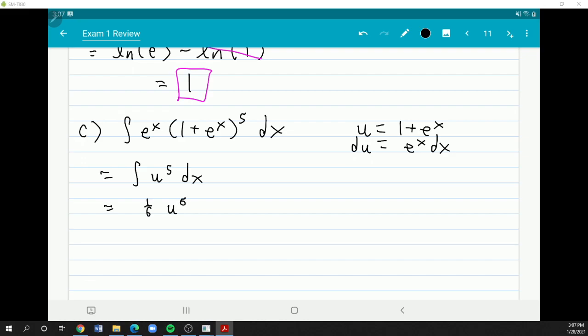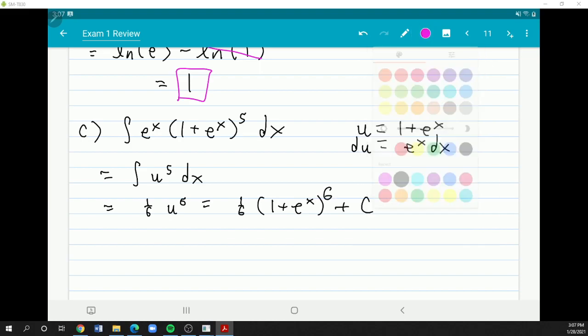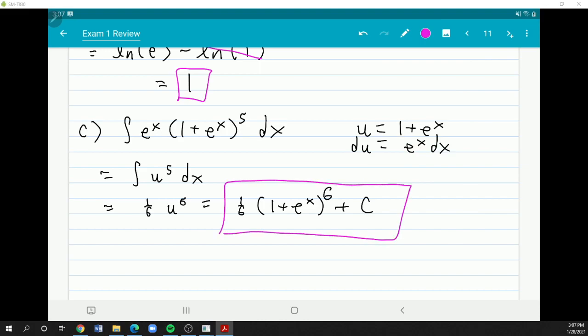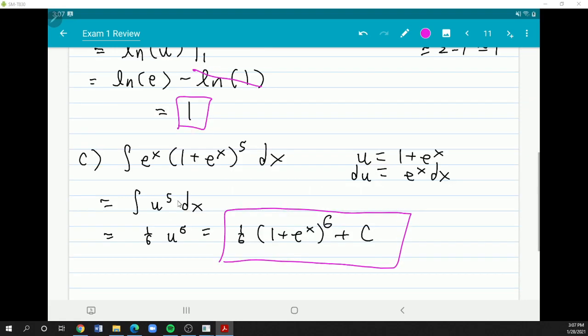This is power rule for integrals. That would be a good thing to go over if you're not comfortable with it, which is 1/6 times 1 plus e to the x to the sixth, and then plus c. Okay, and that is part C for that problem.